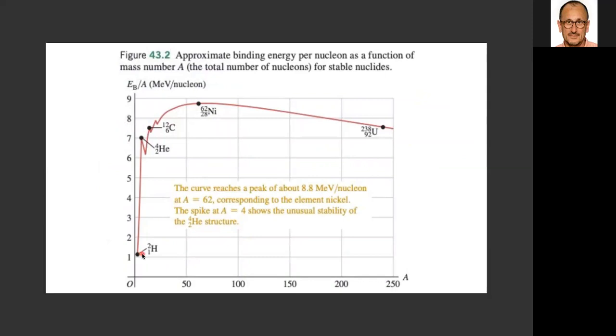I probably should make a comment here, since I was talking about fusion. Why don't all the deuterium in the world fuse together to form helium-4, which would be much more stable? The question is, they have to get close together to do that.